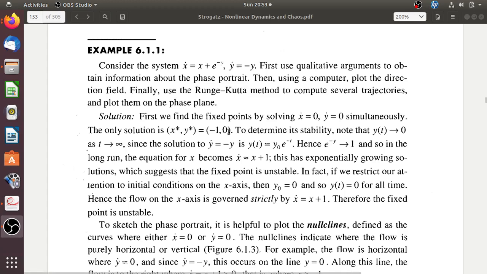Now from this, can we say what kind of fixed point that is? Let's try to understand.